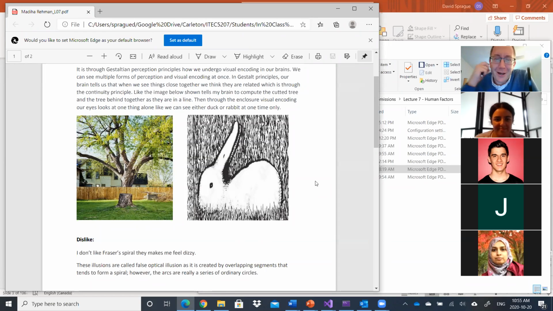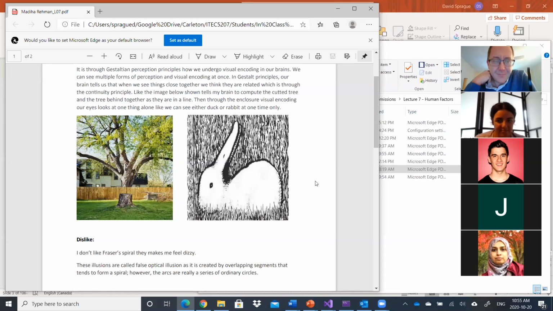Anyways, talk me through it, what did you like about these illusions? So basically, I like where I can see patterns in the pictures. I can see a cut tree, and then there's a tree behind. If you look at it in one shot you will see it's one tree.